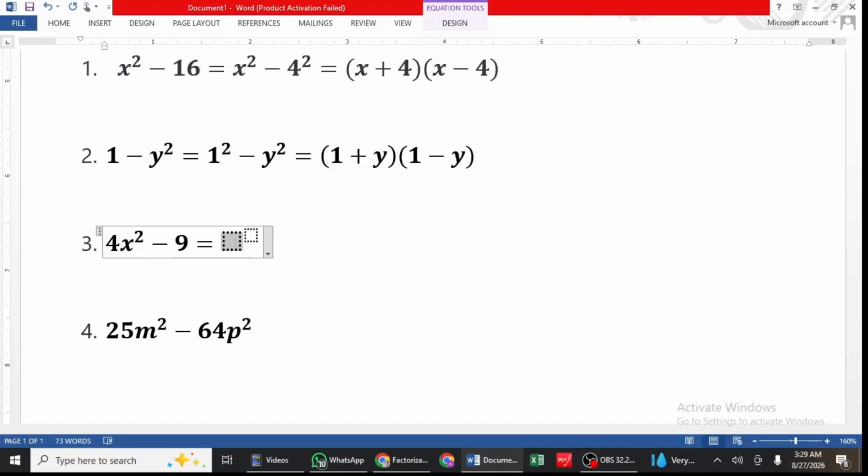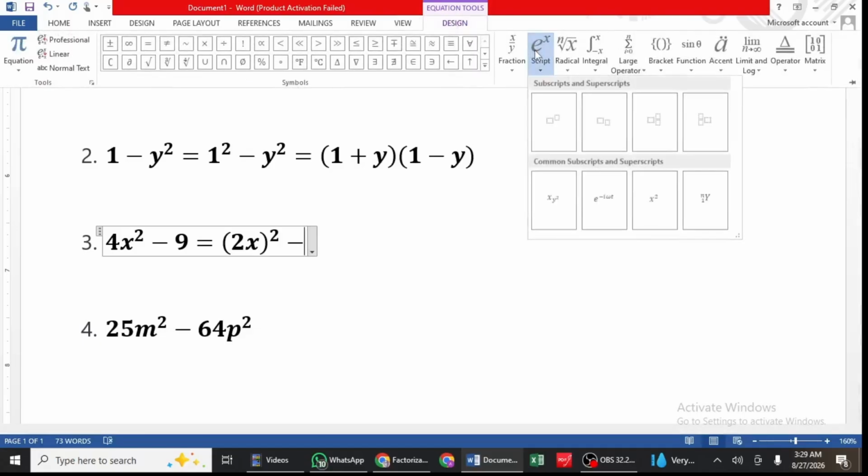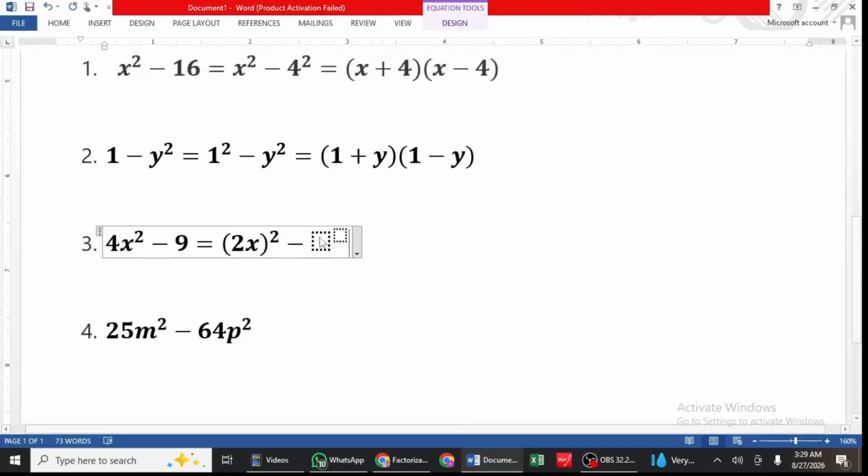Therefore, 4x squared will give you 2x raised to power of 2, that is (2x) squared. Then you also express 9. 9 will give you 3 raised to power 2, that is 3 squared.